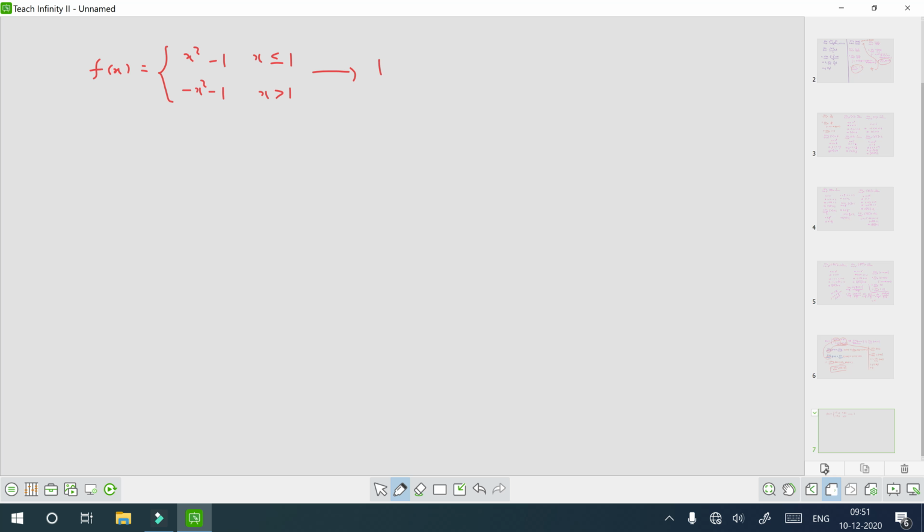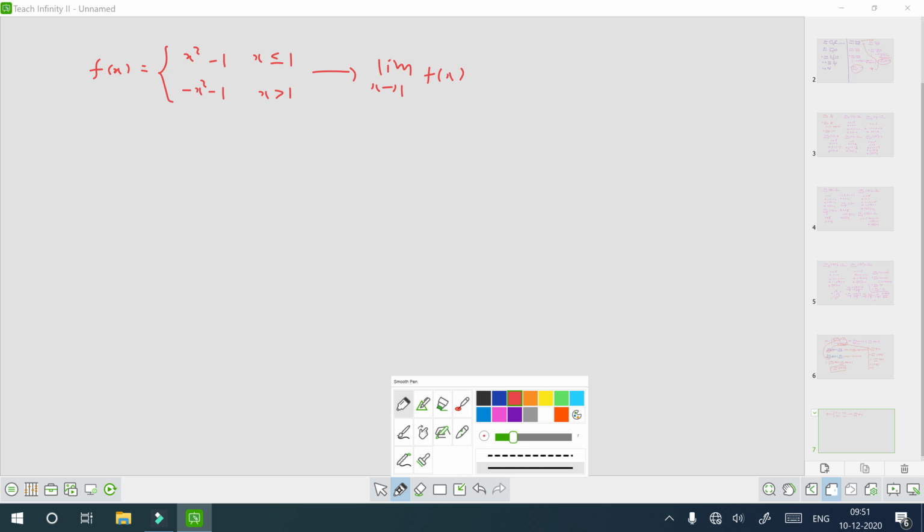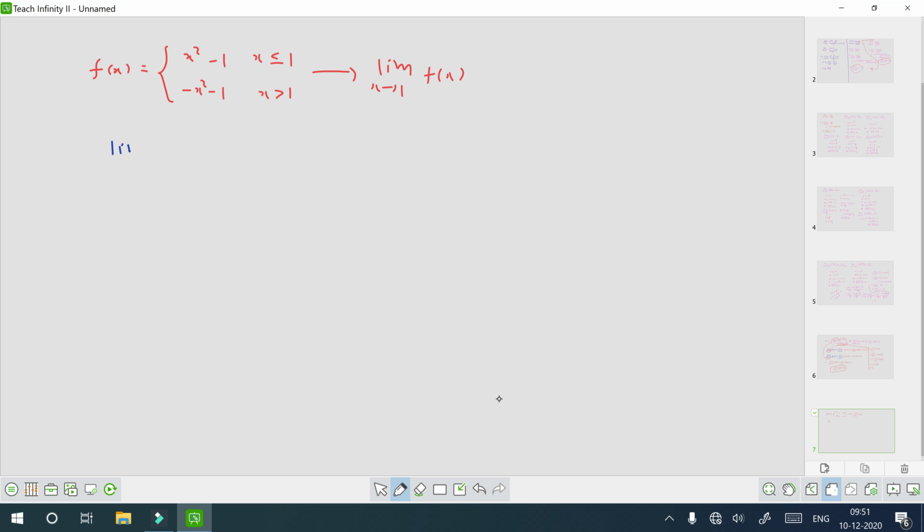Then we want to check the existence of limit x tends to 1 of f of x. Clear? Now see, in this type of example, where an inequality is there, we need to find the right hand limit. For x greater than 1, what is the value of f of x?